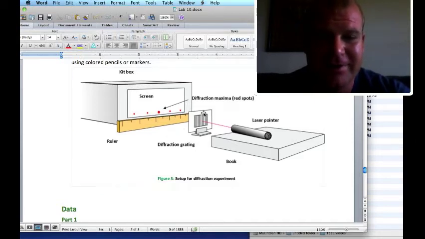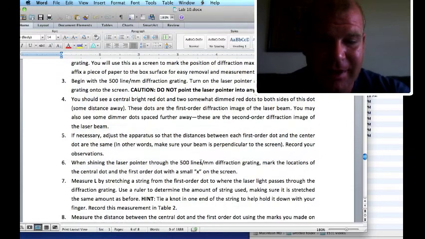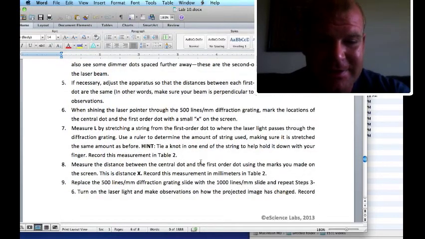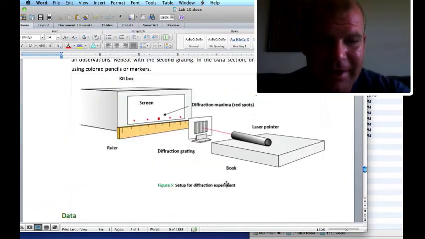So tweak that around. You're going to do this with the 500 lines grating, and you'll do it with the 1,000, and record that. Don't point the laser pointer into your eyes or anyone else's. Not a good idea. Then measure the distances there, and do the same thing with the 1,000 line. Record the data and go through.